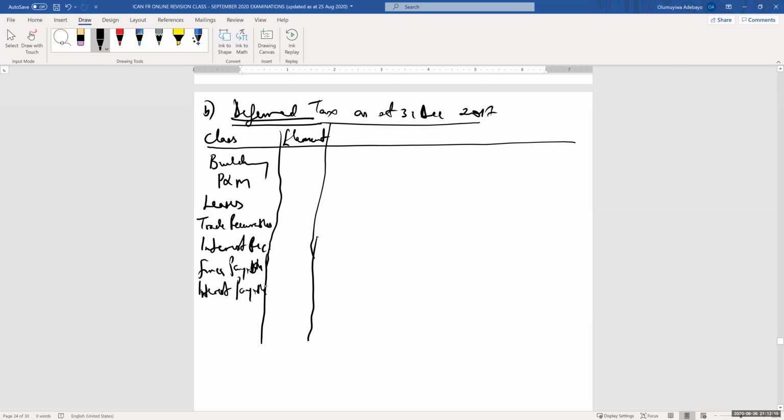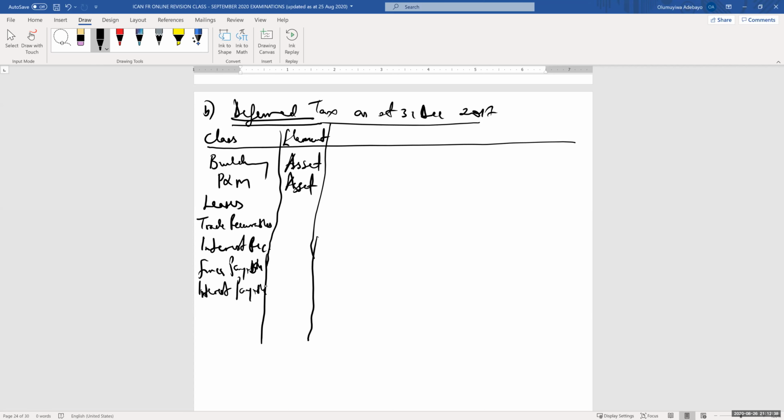Now, building, is it an asset or a liability? Building is an asset. Plant and machinery is an asset. The lease, is it an asset or a liability? Now, we need to compare the carrying amount of the lease asset with the lease obligation.